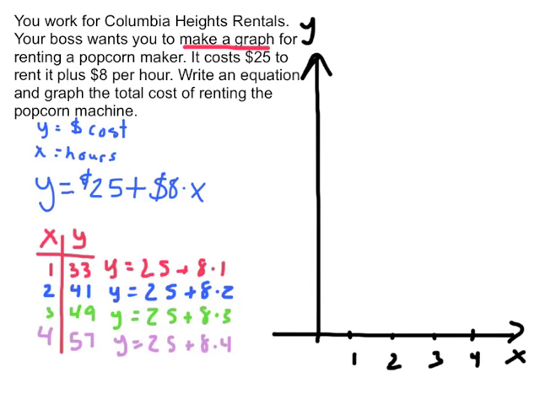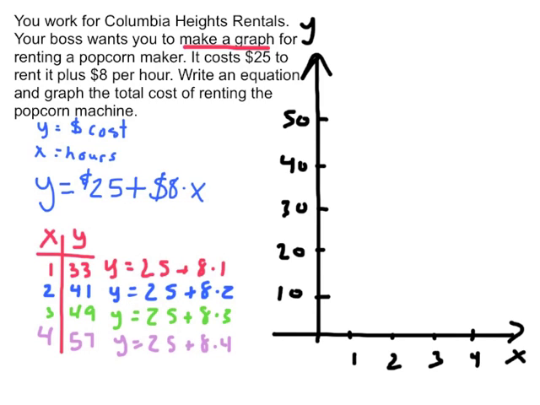Our y-axis has some very large numbers, 33, 41, 49, and 57. We want to pick one nice number to skip count by. With the numbers being this large, I'm going to pick 10. So remember the origin is 0, and then it goes 10, 20, 30, 40, 50.